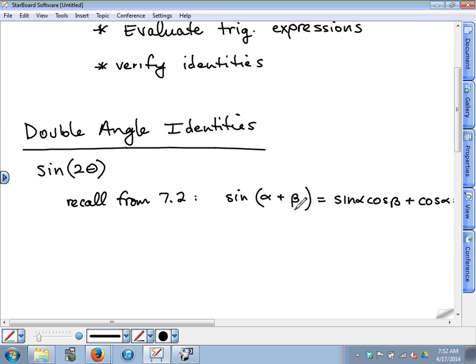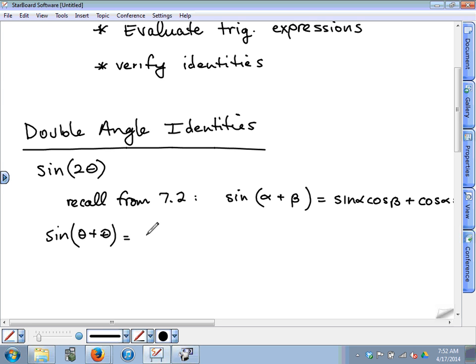What if we tweaked this formula a little bit to this? Because 2 theta, isn't that just theta plus theta? 2 theta really just means theta plus theta. So what if we now applied this sum formula? What's the pattern when you're adding 2 angles together with sine? It's sine, cosine, cosine, sine, right?